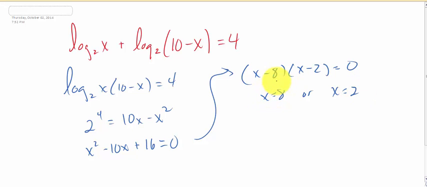And really, ladies and gentlemen, we should take these back up here and verify that they both work. It is possible with logarithms to get extraneous solutions, which means we did everything right, but somehow we got an extra solution by manipulating the equation. In this case, if we check log base 2 of 8 plus log base 2 of 2, that does equal 4. And similarly, if we plug the 2 in for the x's. But you always should be checking these for extraneous solutions.